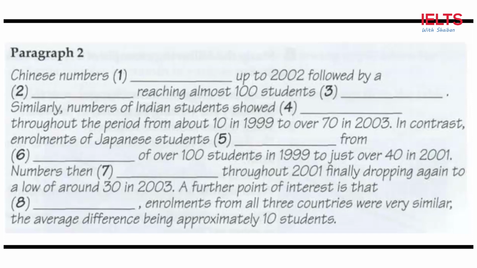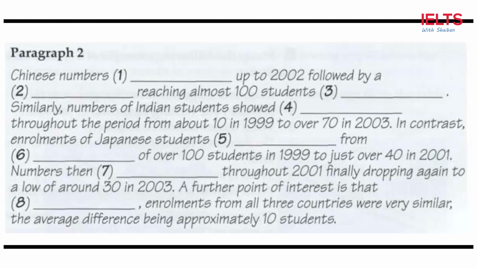And that shows the table, the changes. So Chinese numbers, I want you to show me language of change. Up to 2002, followed by something. Again, you have to show me language of change. Reaching almost 100 students, you have to give me a year in here. Similarly, numbers of Indian students showed something. Then you have to continue showing the language of change to the end of the graph.